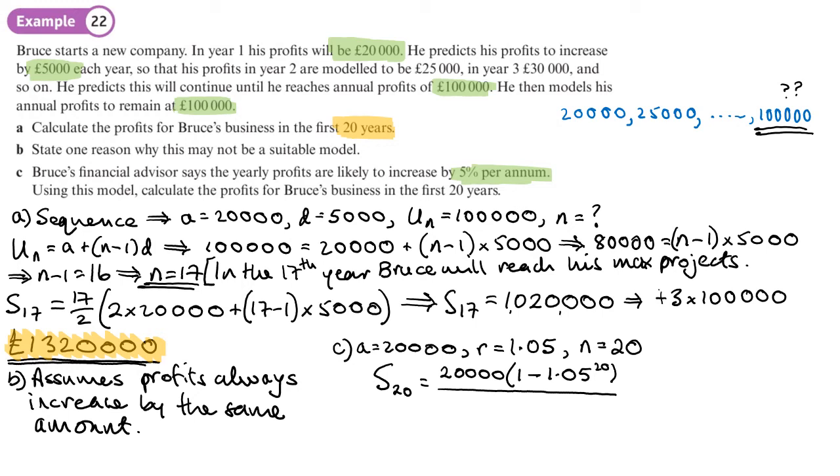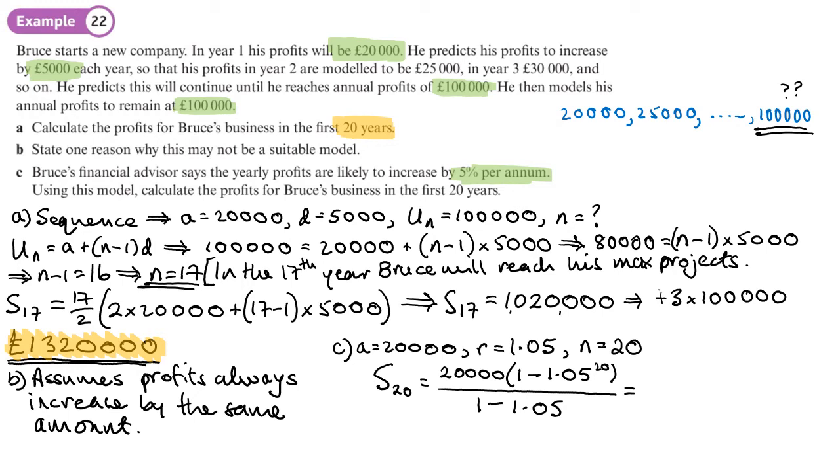So we can have 1 minus R or R minus 1, you can do it either way. So 1 minus 1.05. Whichever way you do it, you're either going to get a positive divided by a positive or a negative divided by a negative.